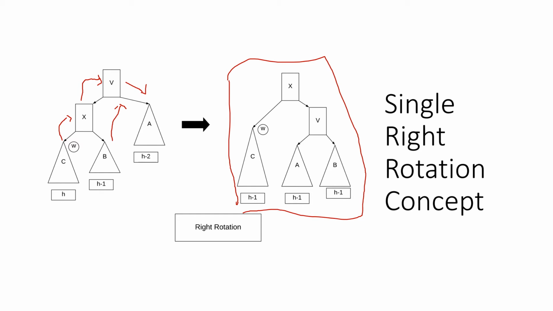X is rotated right, C is also rotated right, and then B is also rotated right, so B comes here. This is wrong. This should be B, and this should probably be A. It's fine, and we'll talk about the example in the next slide.